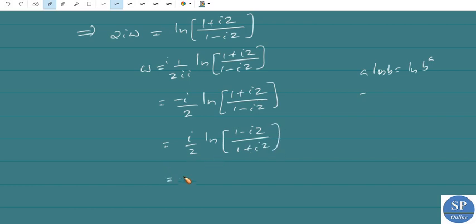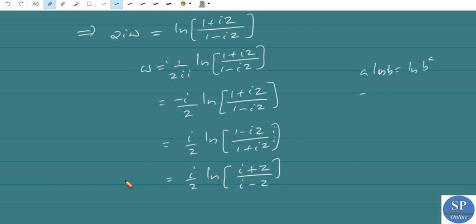Now multiplying and dividing by i, we get i minus i square, which is i plus z, divided by, since i square is negative 1, i minus z. So i by 2 into ln of i plus z divided by i minus z.